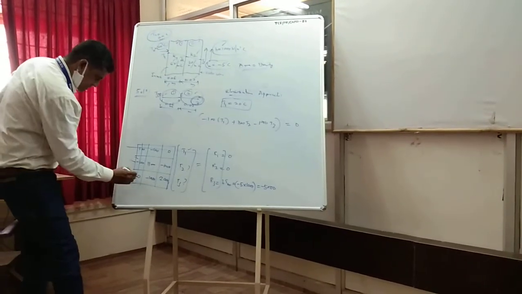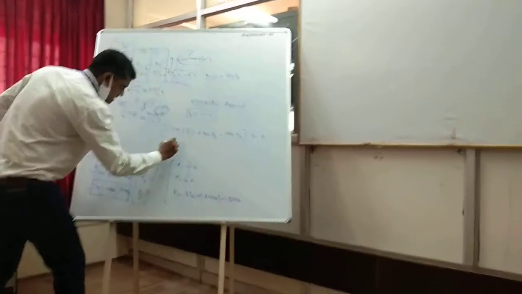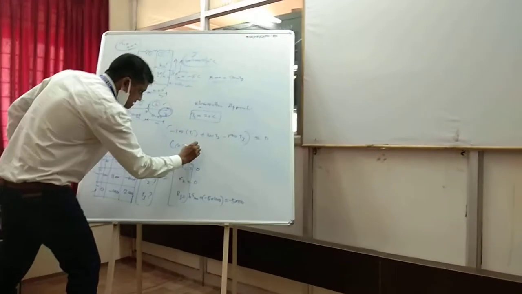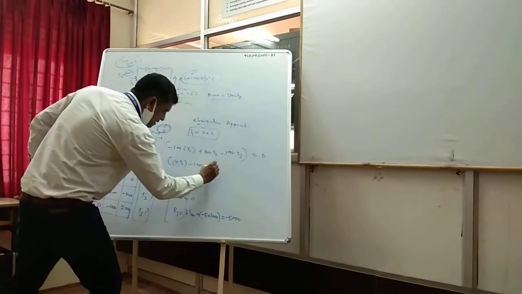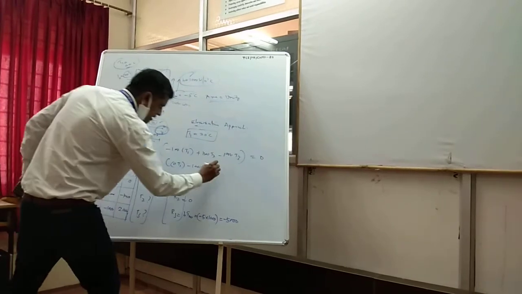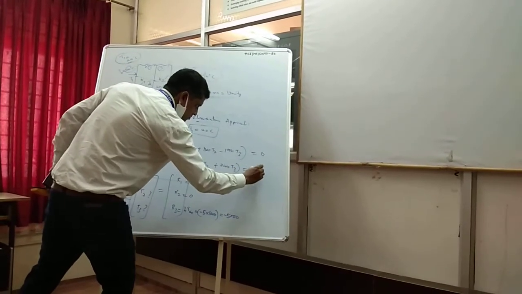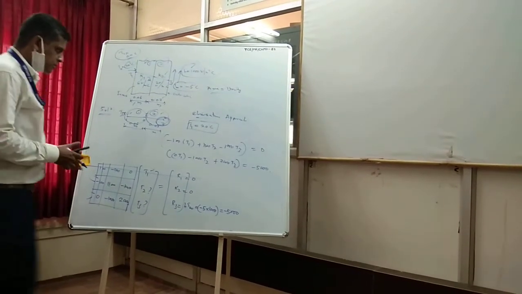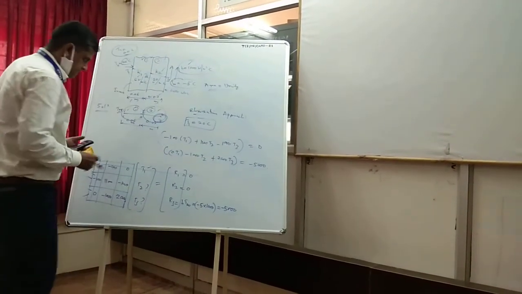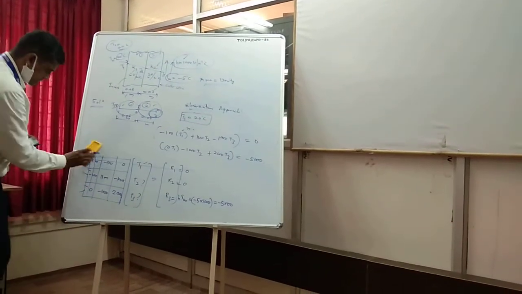Next, the third equation: 0 into T1, that is 0, minus 1000 T2 plus 2000 T3 is equal to minus 5000. Now let us solve these two equations. T1 we know is 20 degrees Celsius, so we substitute.